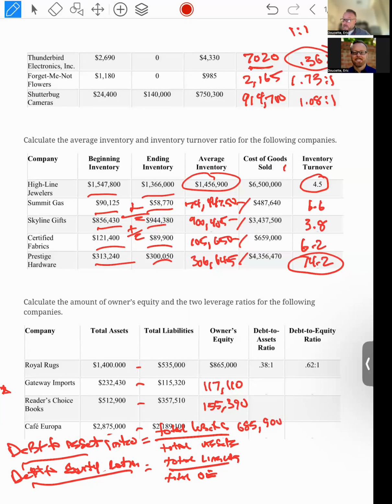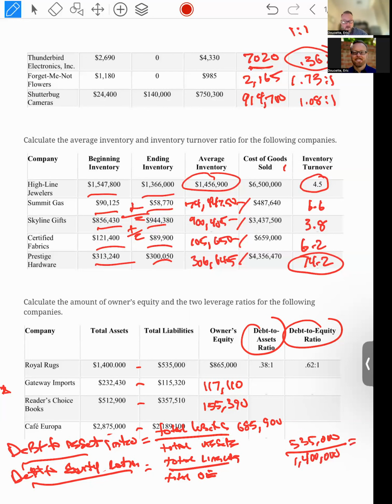Now I need to figure out my debt to asset ratio and my debt to equity ratio. Again, I just use these formulas. My total liabilities is 535,000 for the first one, divided by my total assets, which were 1.4 million.